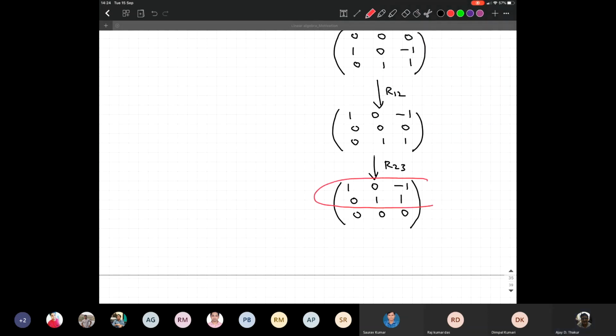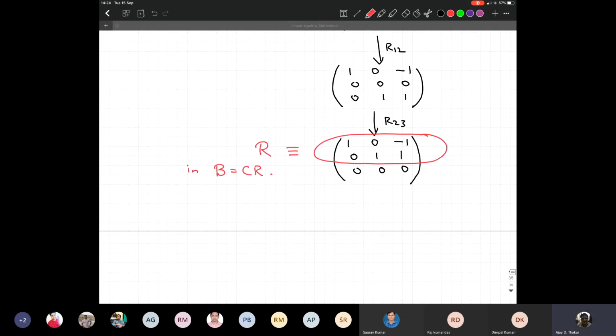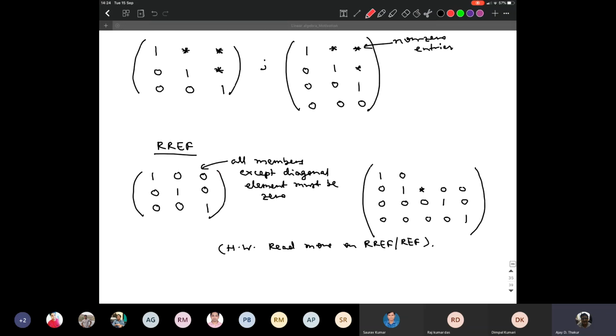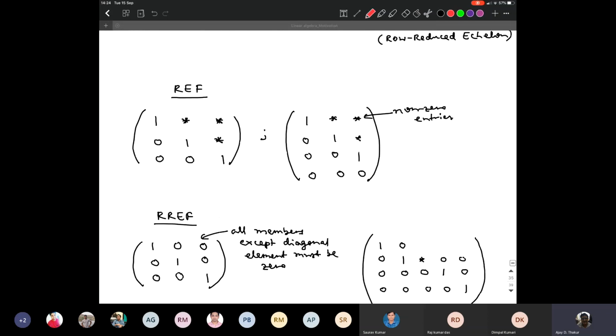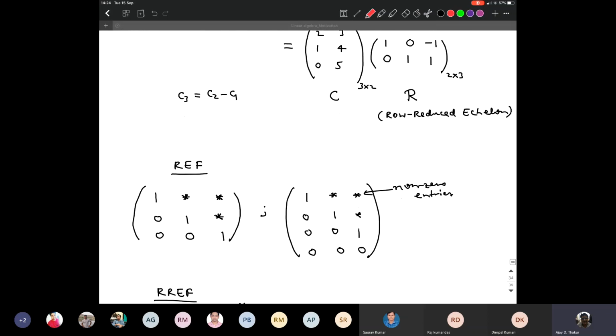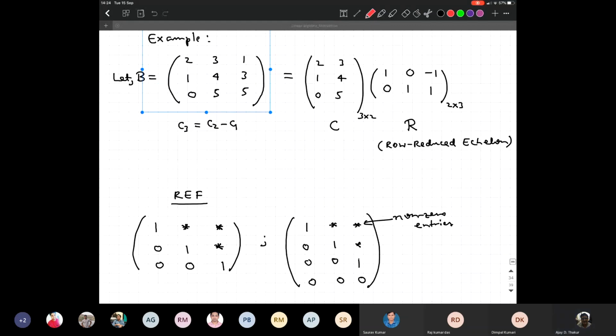And here, if you restrict to this subspace, this is what was equivalent to the R above, in the definition A equals C times R. Right, so you can see that you can do these kinds of decompositions very easily if you know what would be the non-zero members, like linearly independent columns.